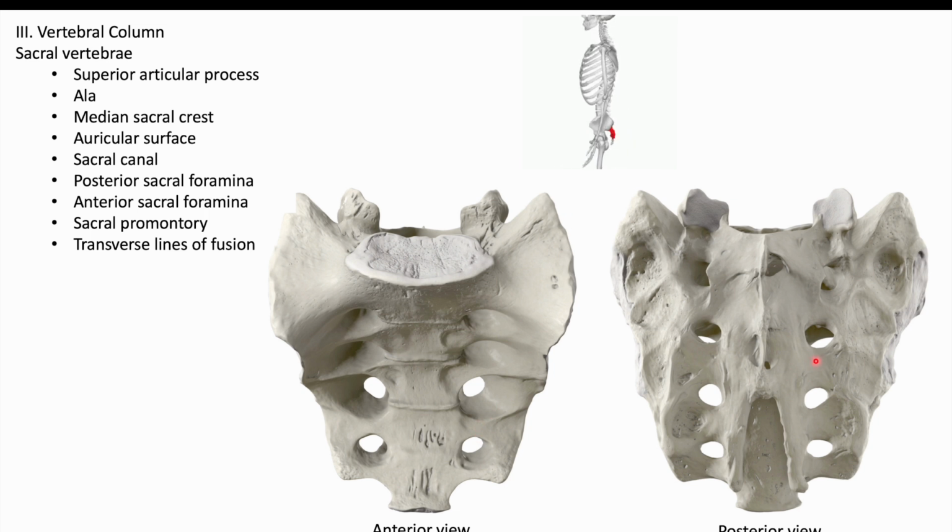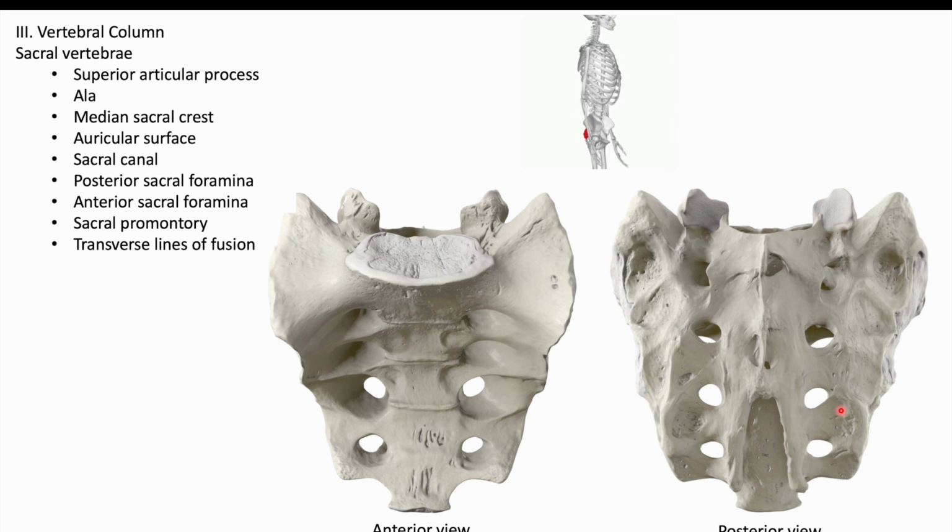From the posterior view, these are the posterior sacral foramina, and then you have four on this side as well. Now, there is a difference between the anterior and posterior. It's not just how the orientation is set up. There are different nerves that leave from the front, from the anterior sacral foramina, and there are other nerves that leave from the back via the posterior sacral foramina.